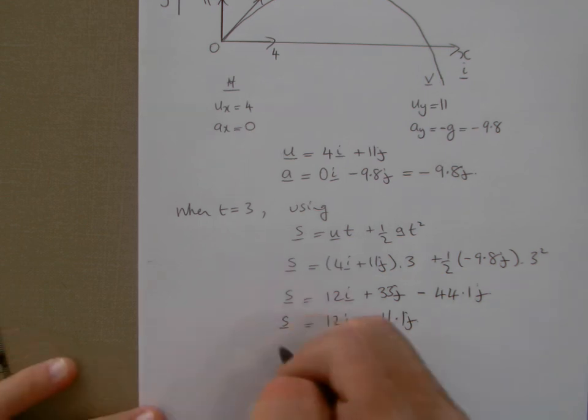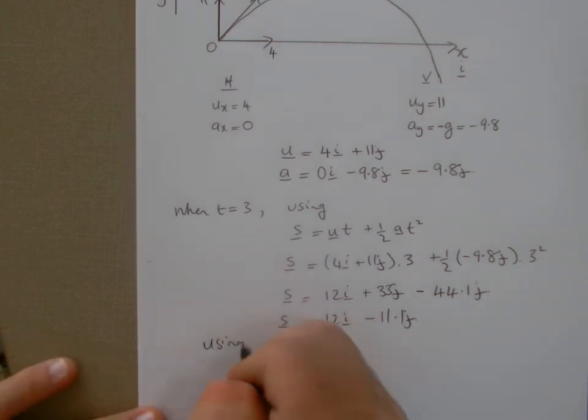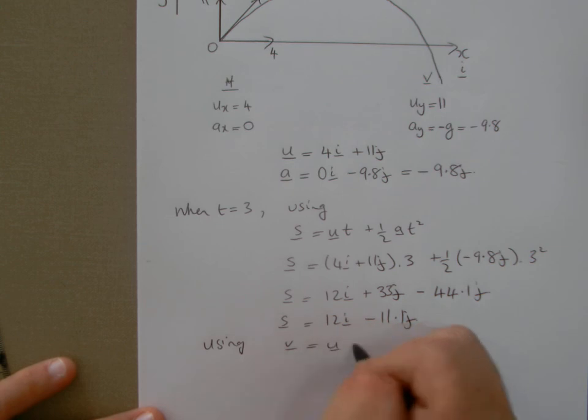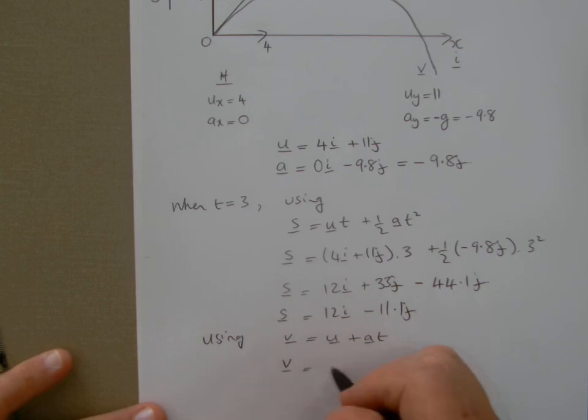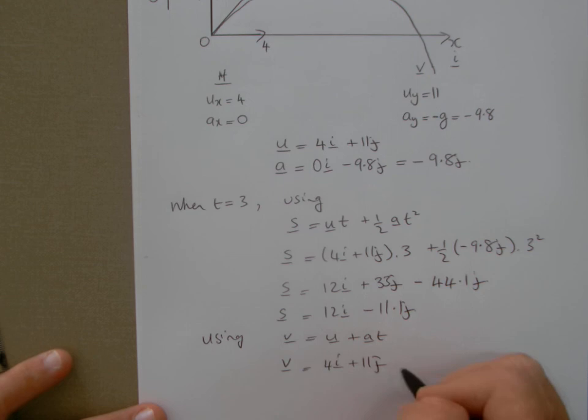To get the velocity vector, we'll use v equals u plus at, as we normally do with projectiles. So v will equal u, which is 4i plus 11j, plus the acceleration, which is minus 9.8j, times the time, which is 3.